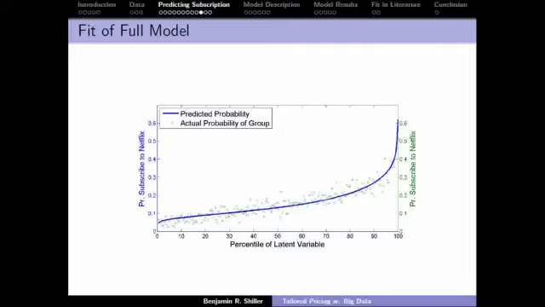And then for each of these groups, I calculate the average probability that they subscribe according to my model, and the actual observed probability, basically the fraction of them that consume Netflix. And so I plot these two against each other. So the dots are the actual probability of a group, and the blue line is the predicted probability from the model. And this is all done in a holdout sample. So I don't know if this helps address your question.